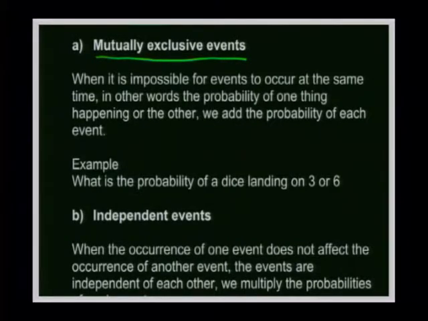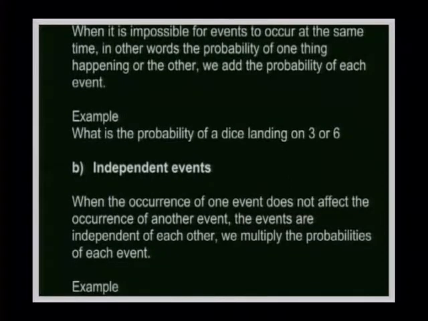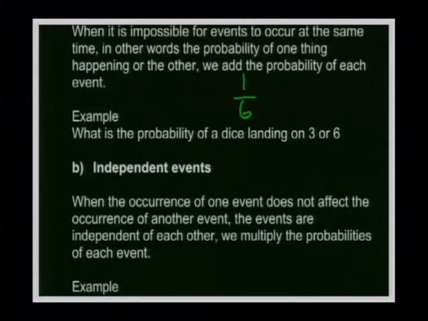In this case, we're going to add the probabilities. So let's just do this quick calculation. The probability of it landing on a 3 is 1 out of 6, because I've got only 1 three on the dice and I've got 6 sides.